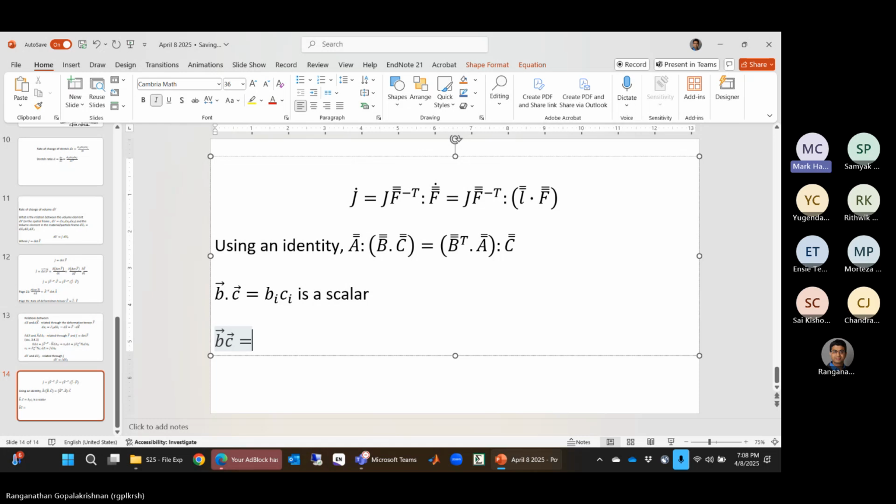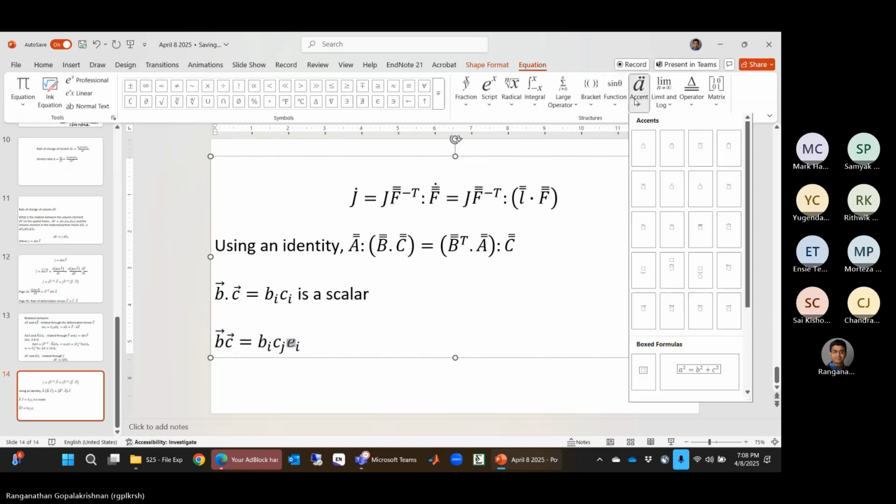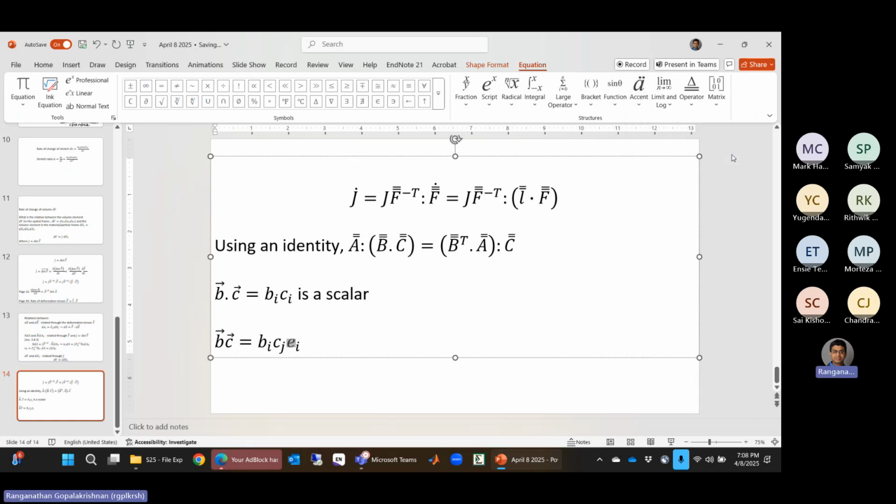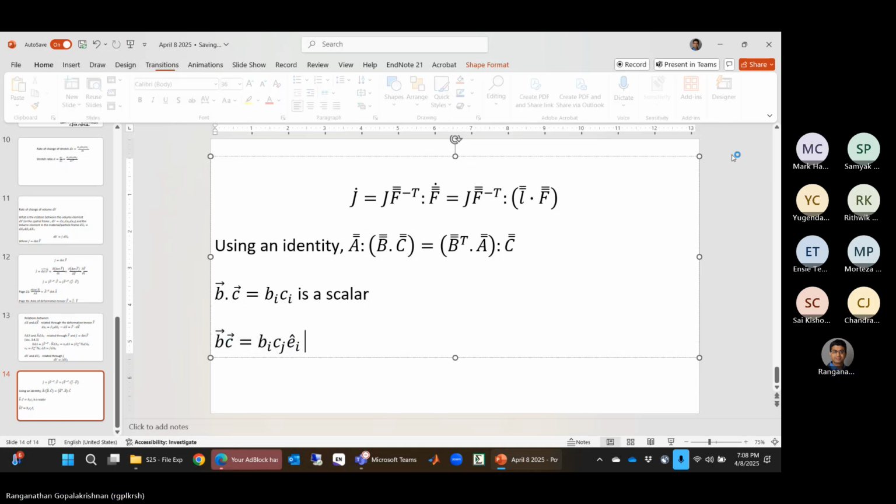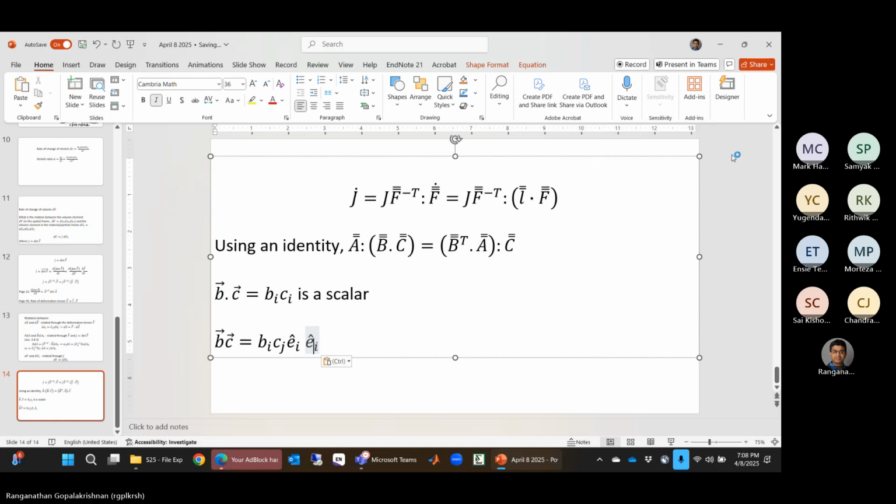Is it second order? The second order tensor BiCj, and then you have to include the basis vectors ei, ej. This is a second order tensor.